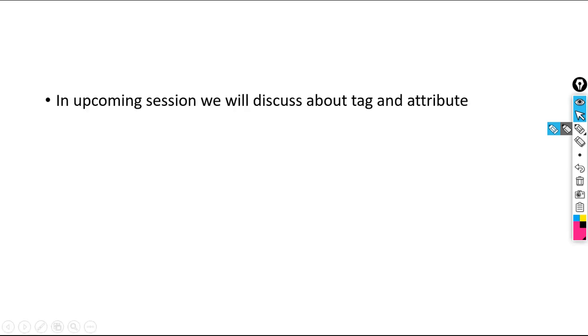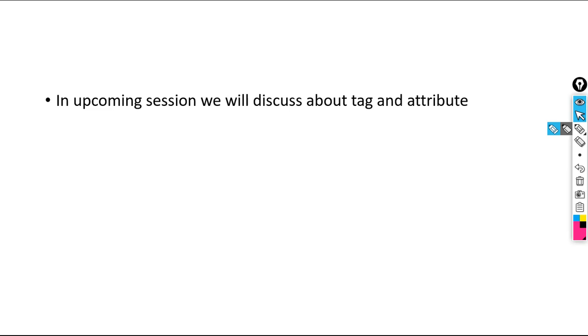Now, in upcoming sessions, we will discuss tag and attribute. In this session we have learned element, types of element which are normal and void. Then we have learned semantic element and non-semantic element. Then we have learned what is content. Content is data to be displayed to the end user. In next session we are going to learn what is tag and attribute.